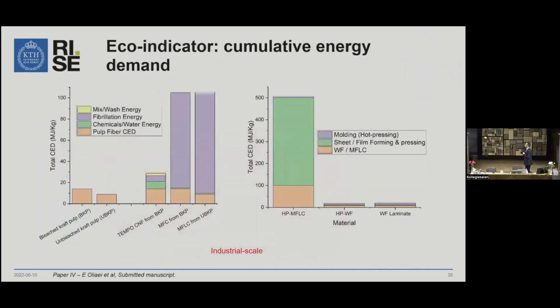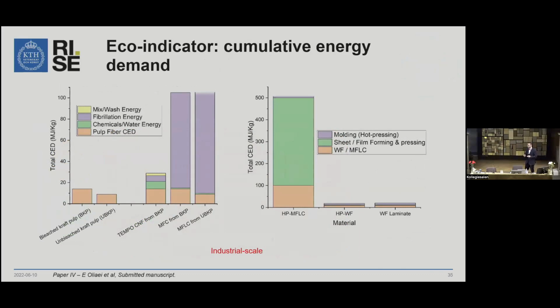And as an important eco-indicator, we have calculated cumulative energy demand, including the energy demand for the components, for the chemicals, and the processes involved. We see in this plot that the CNF and MFLC have more total cumulative energy demand.